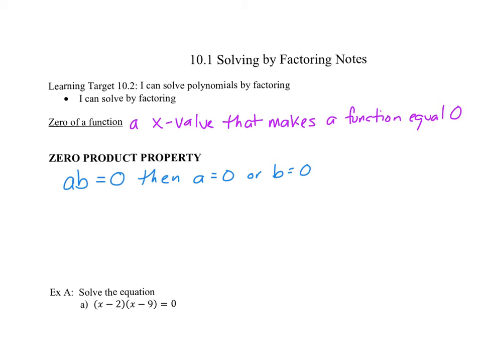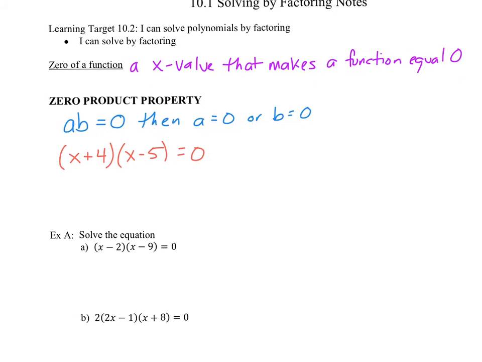We use this when we're talking about solving by factoring, because factoring is breaking things into two things being multiplied. So if we have something already factored, like x plus 4 and x minus 5, and I'm going to set it equal to 0, I want to know, when does that function equal 0?